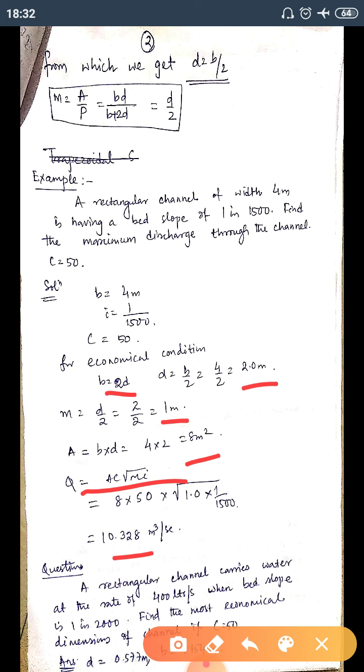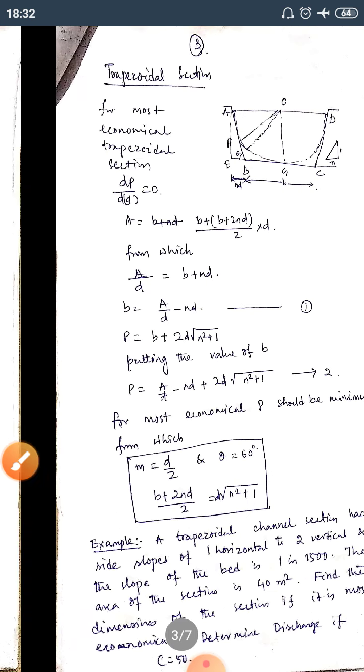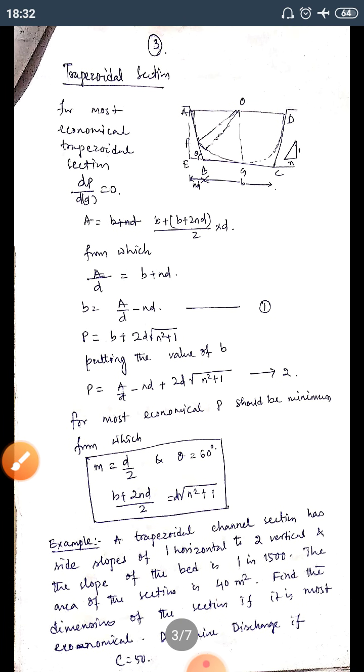One question is given here, you have to practice that question. Next section is the trapezoidal section. For the trapezoidal section to be most economical, from the figure, these are the slopes given in case of a trapezoidal section, horizontal and vertical slopes.